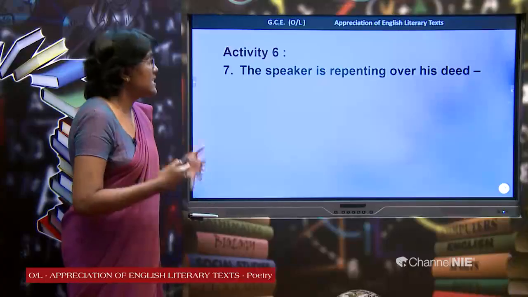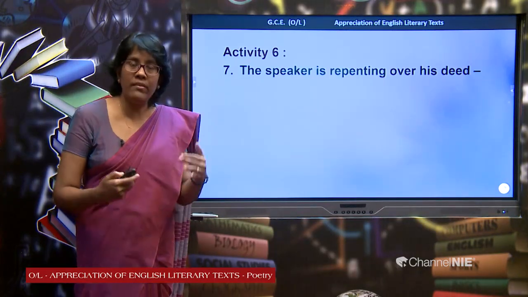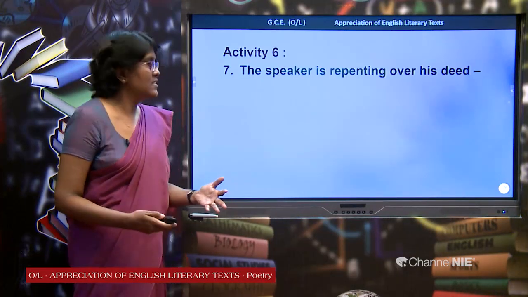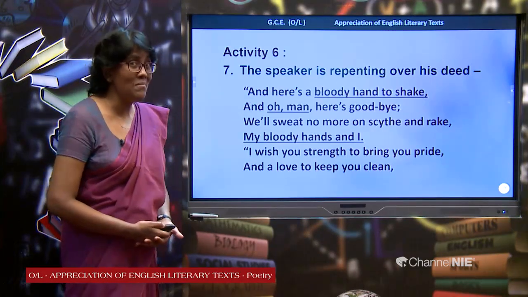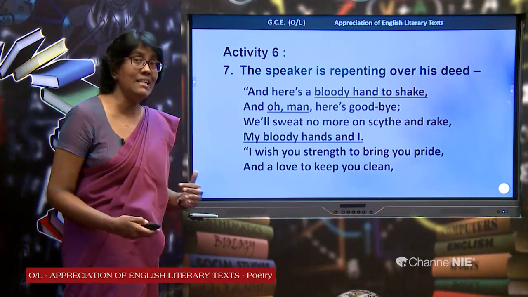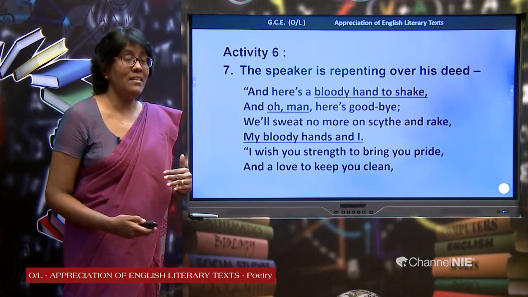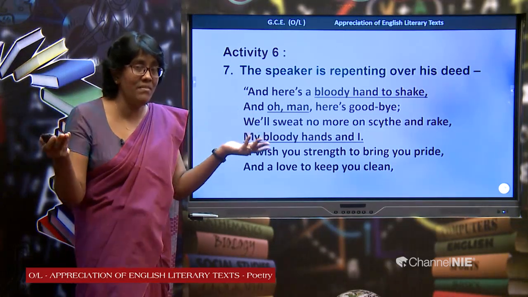Right. The speaker is repenting over his deed. Deed refers to the action. You can go through the same lines because the speaker is repenting, worried, not settled in his mind. There's a mental agony. Psychologically, he now doesn't have a balanced mind.